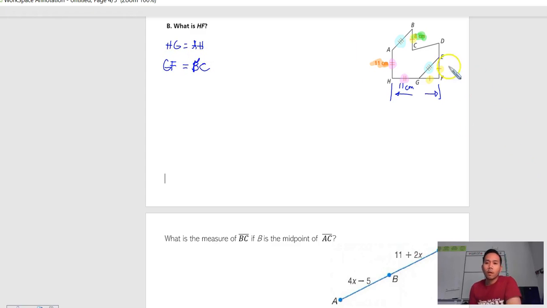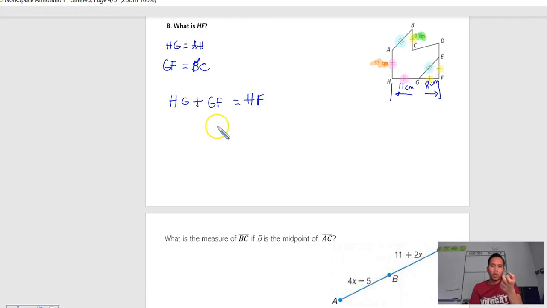So your BC is equal to GF, therefore this is 8 centimeters. Now, because we have the two lengths there, you can just add HG plus your GF, which is now equal to the measurement of your HF.